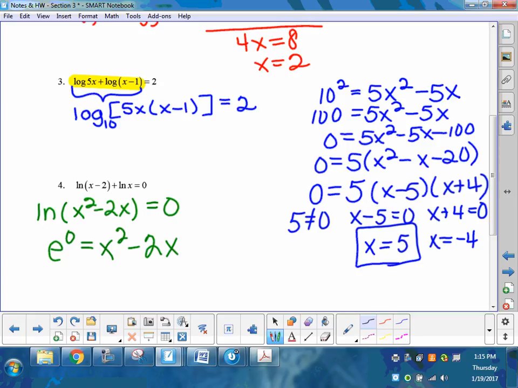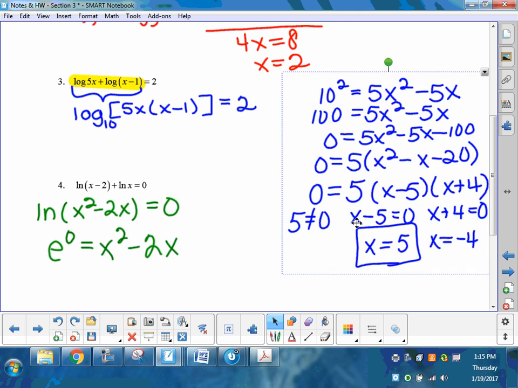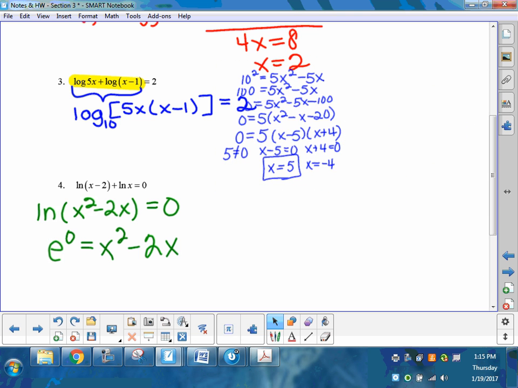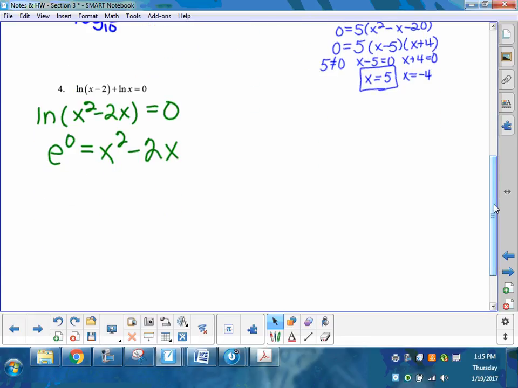And again, as we do this, there's so much beauty in this because things start simplifying out. Situations that look really complicated, if you persevere through, you're going to make it out on the other end just fine. What type of equation is this going to be? Quadratic. We set them equal to 0 and solve.